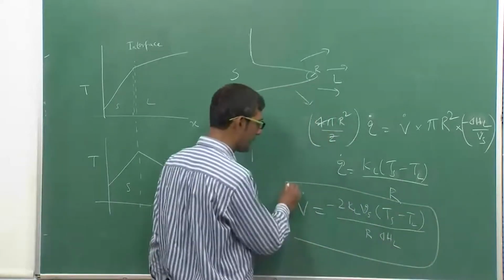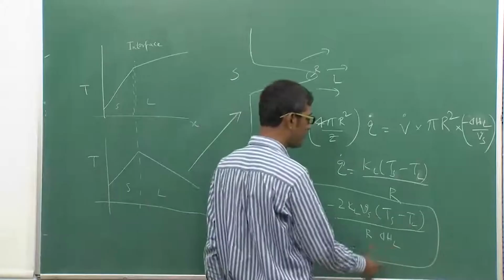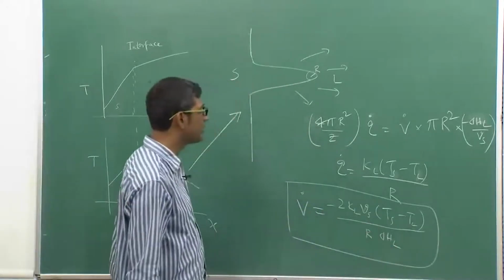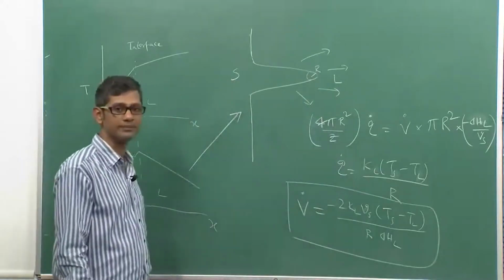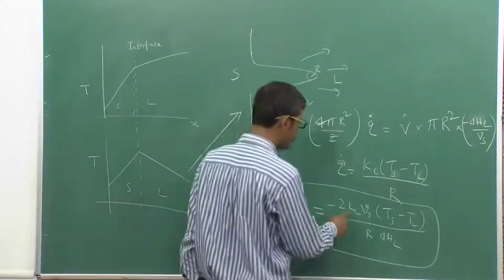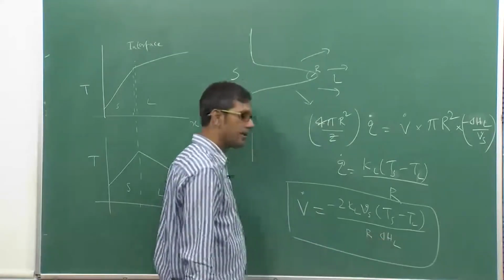As you can clearly see, we know the liquid temperature very well, but the important point is knowing the temperature of the solid, that is the temperature at this interface, which is very difficult to measure. The rest of the things are known: K_L is known, V_S is known, and delta H is known.